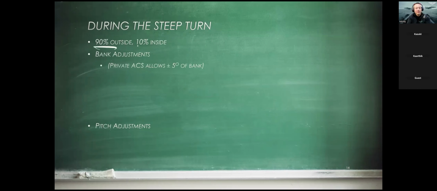Like I said, 90% outside, 10% inside, and you'll need to adjust your angle of bank. The ACS says plus or minus 5 degrees, so you don't have to be perfect the entire time, but you do want to shoot for that 45-degree angle with the horizon, and plus or minus 100 feet of altitude, so keep an eye on your vertical speed.